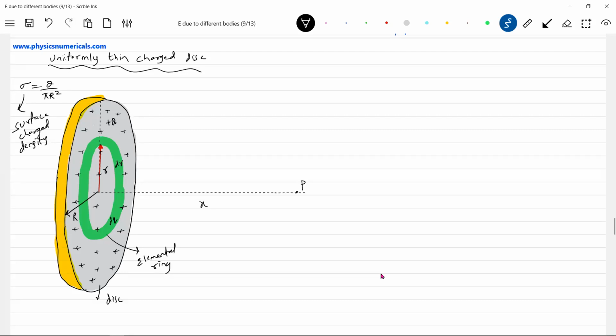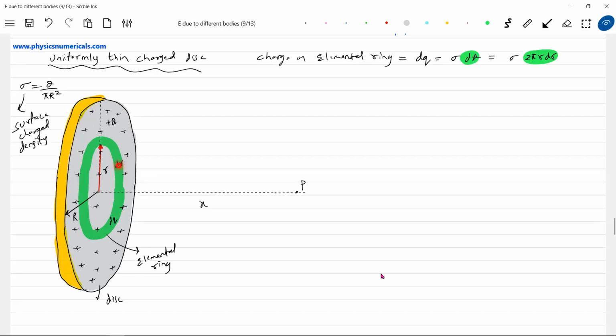Charge on the elemental ring: shall we write sigma into the area of the ring, dA? Sigma, what is dA? 2 pi r dr. What do you mean by area? The area of the strip. Better. Ring of radius r and width dr.